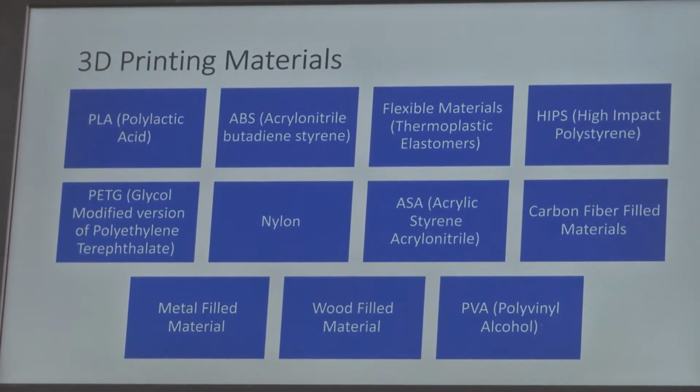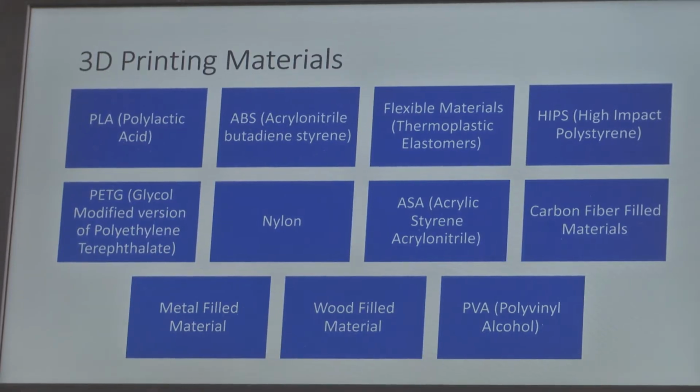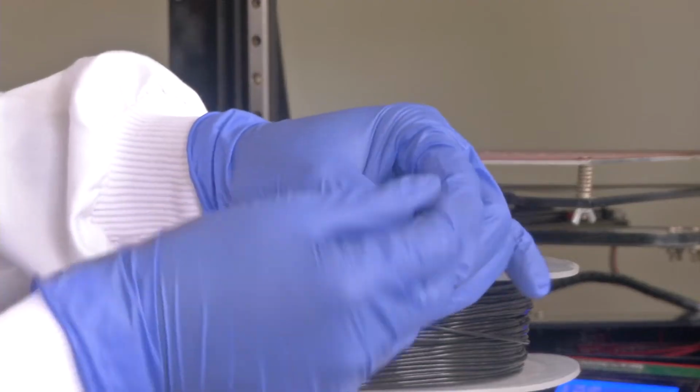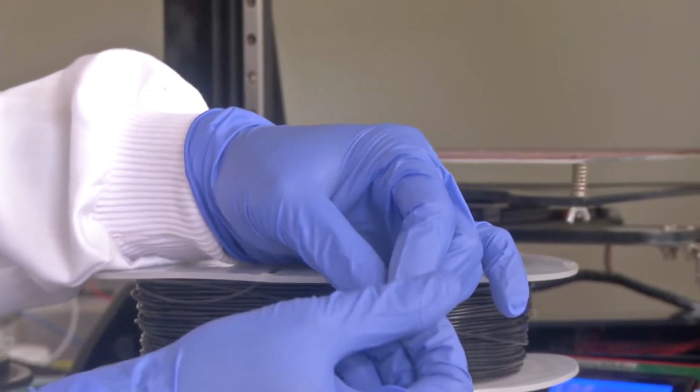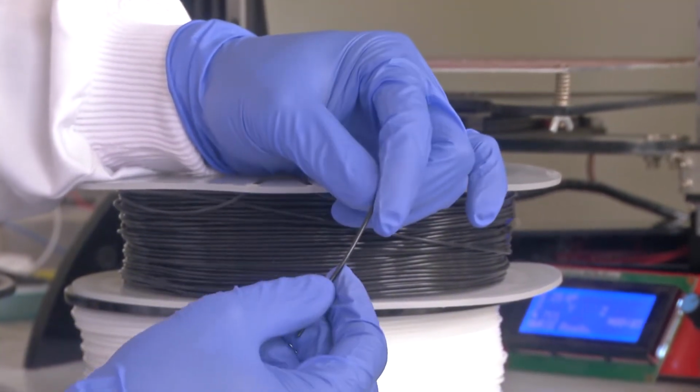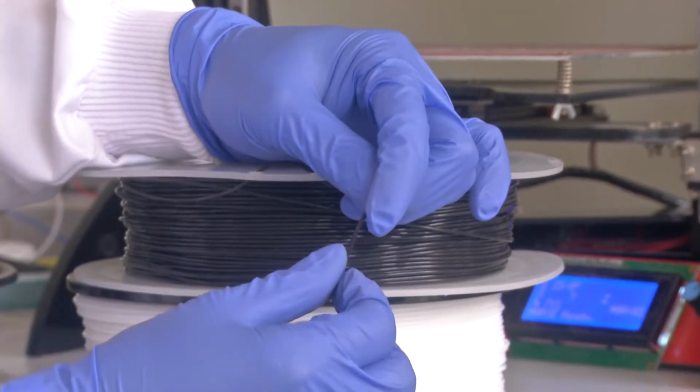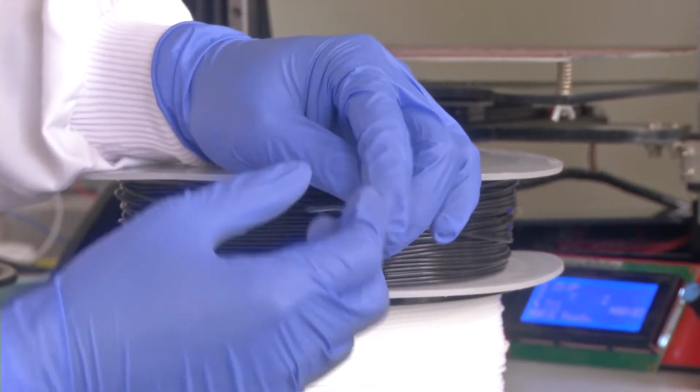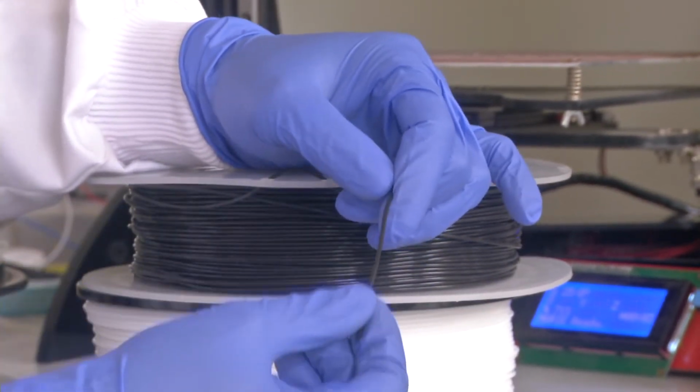Carbon fiber filled material means, suppose this is a PLA material, we need more strength, we need a material with more strength, but the properties like melting point of PLA.